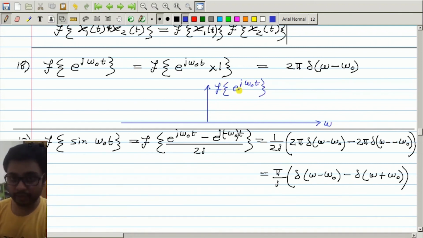That is the spectrum of e to the power j omega naught t. So that is this: 2 pi delta omega minus omega naught.